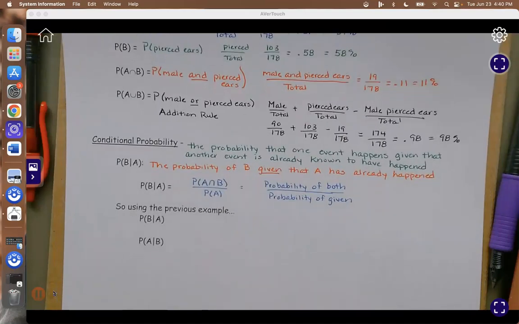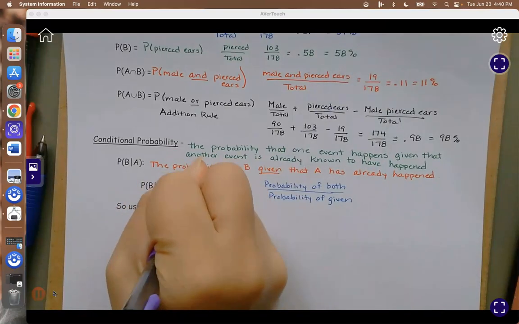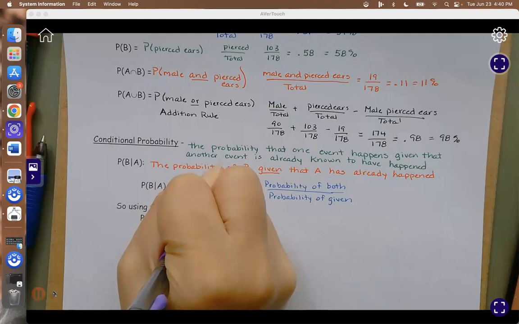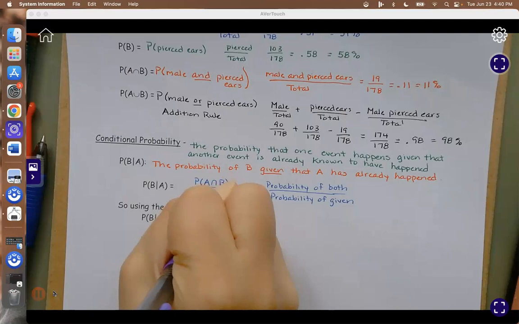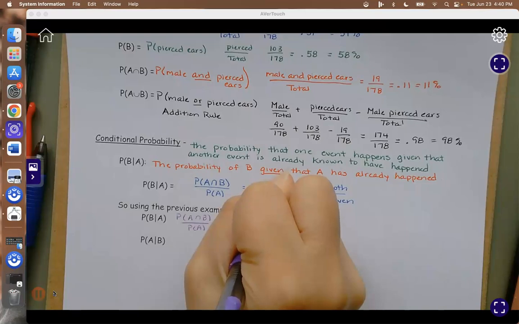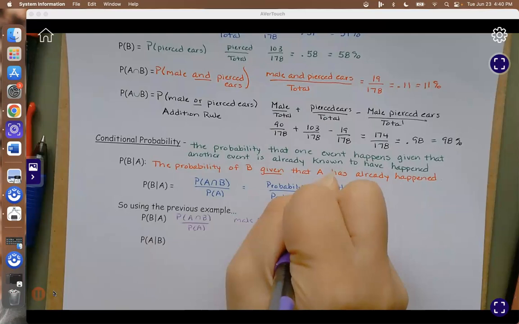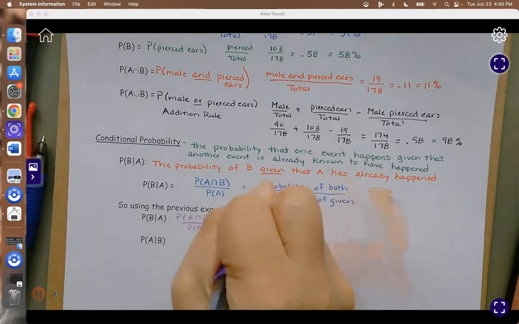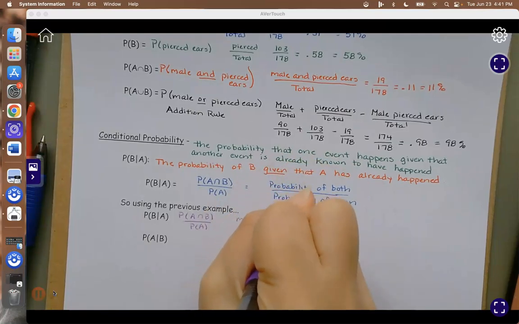Now, using the previous example, we're going to do the probability of A and B over the probability of A. Okay, so this means male and pierced ears over probability that they're male.